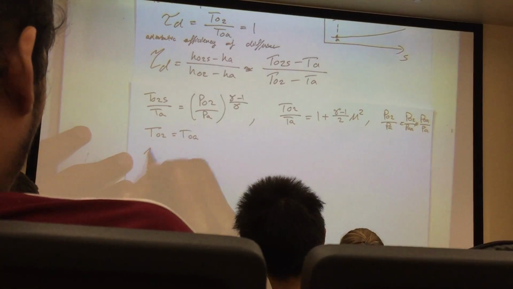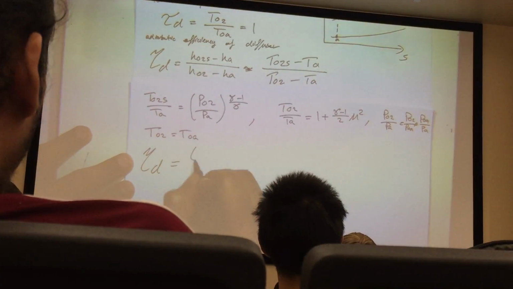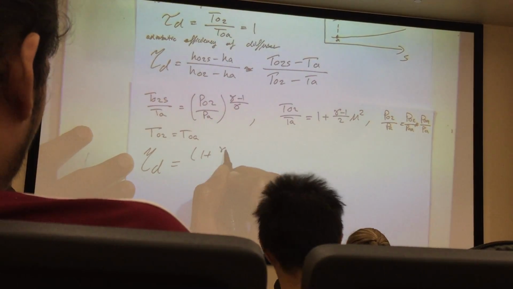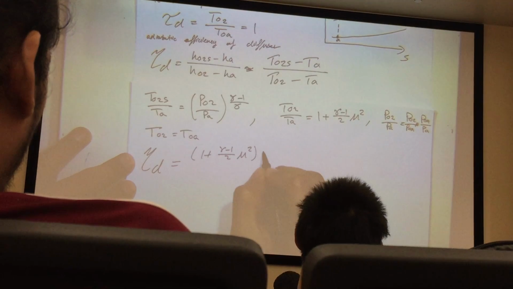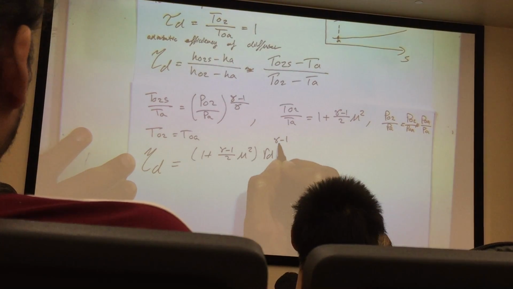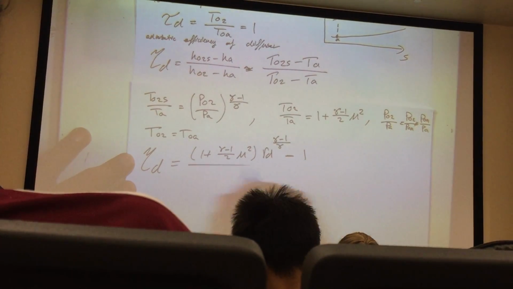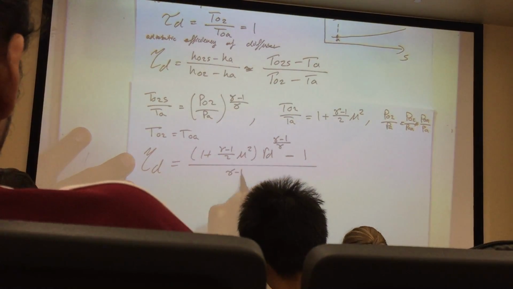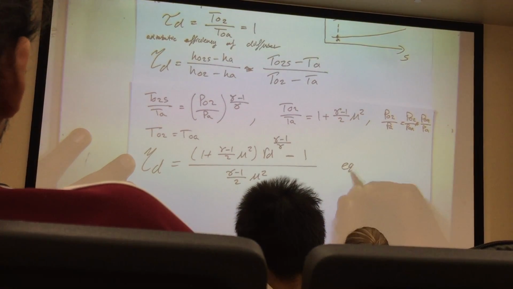So from that, my overall efficiency in terms of my pressure loss is equal to (1 plus (gamma minus 1) over 2 Mach number squared r_d to the power of gamma minus 1 over gamma, minus 1) over ((gamma minus 1) over 2 Mach number squared). This is equation 6.6.